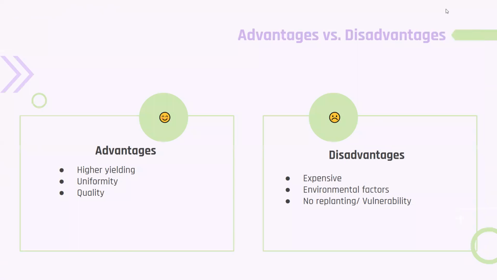So next we're going to look at some advantages and disadvantages about hybrid. So as you can see, you'll get higher yields per acre with hybridization, and then the crop will look more uniform with the rest of the products, and it'll be a more quality plant in size and shape and vigor.